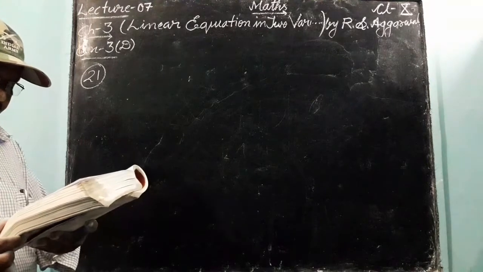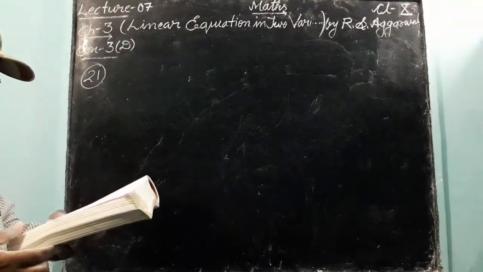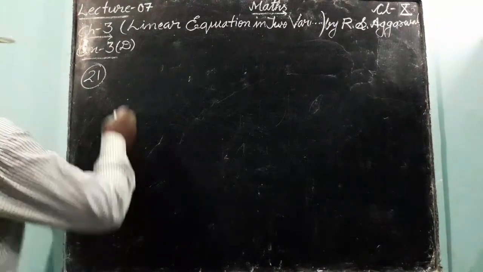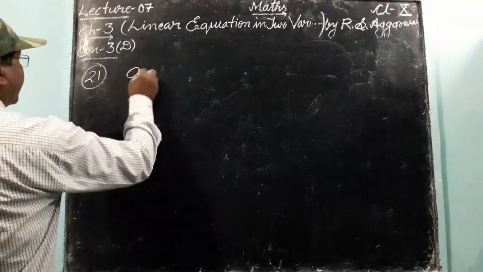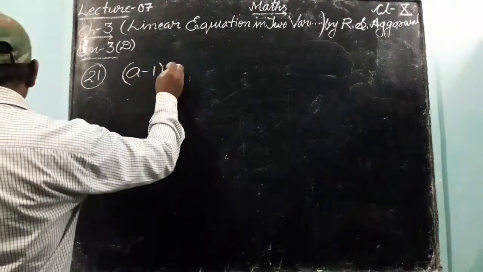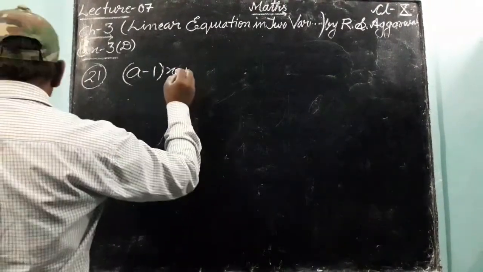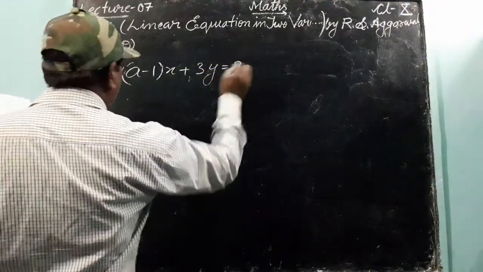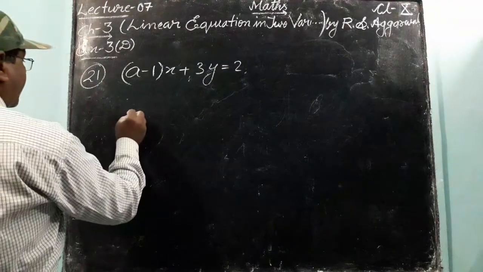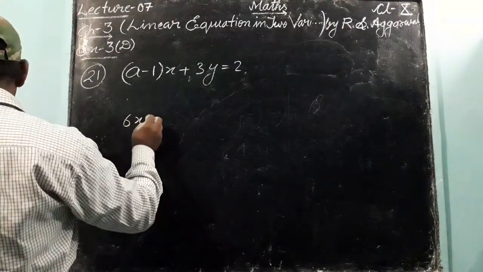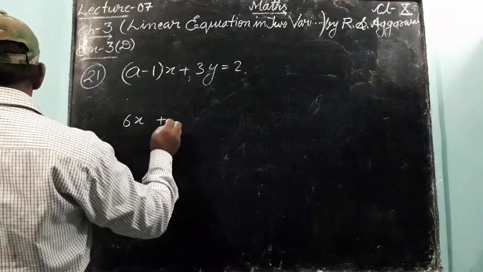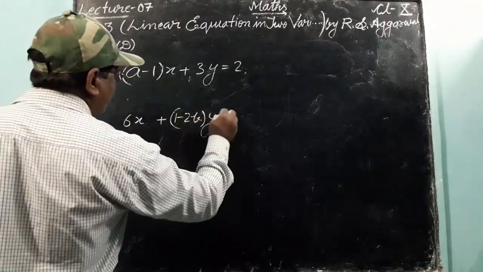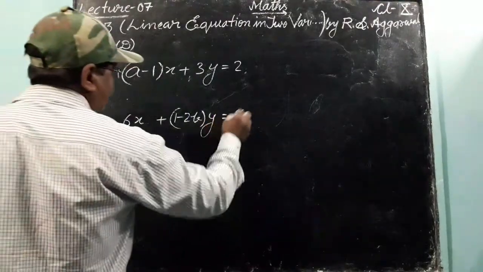Here, given: find the value of a and b for which the following system of linear equations has an infinite number of solutions. Question 21 is given: a minus 1, the coefficient of x, plus 3y is equal to 2, and the next is 6x plus 1 minus 2b, that is the coefficient of y, is equal to 6.